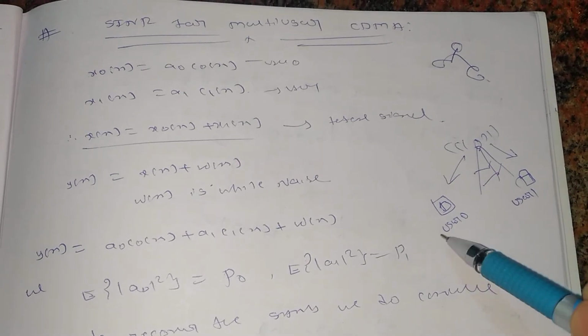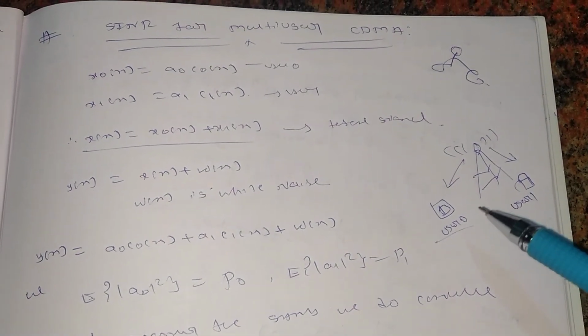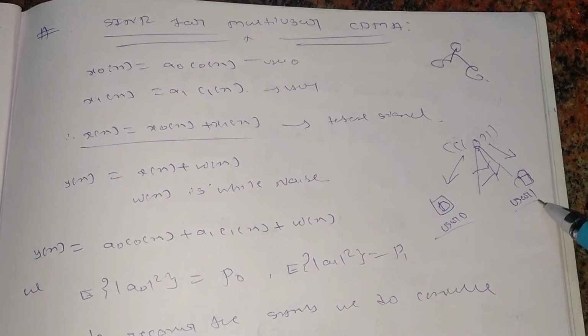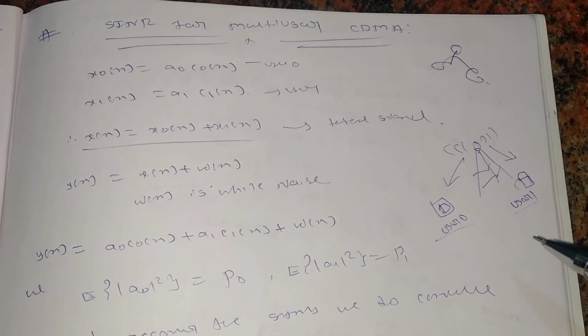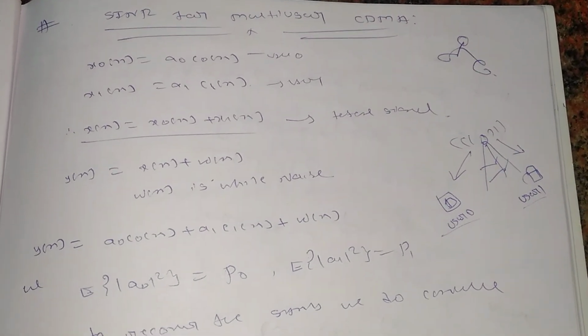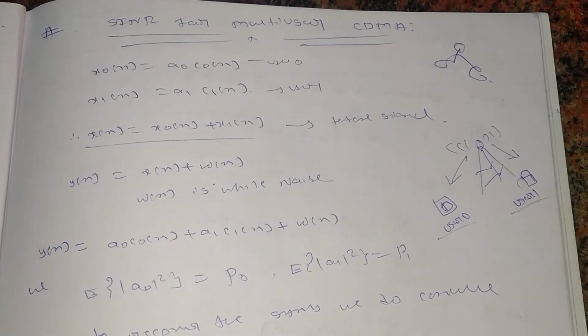So that means the signal which will be coming to user 0 will contain the information which is useful for user 0, and also the information which is meant for user 1, and additive white Gaussian noise which will be added whenever the signal is transmitting through the environment, right? For user 1 also the same scenario applies.